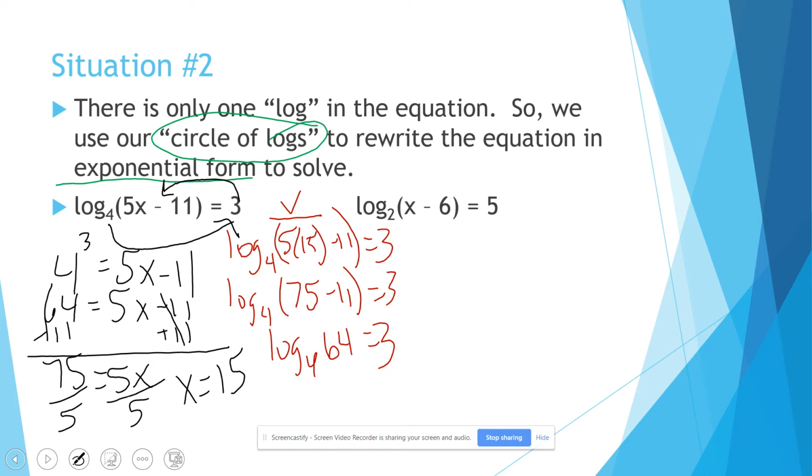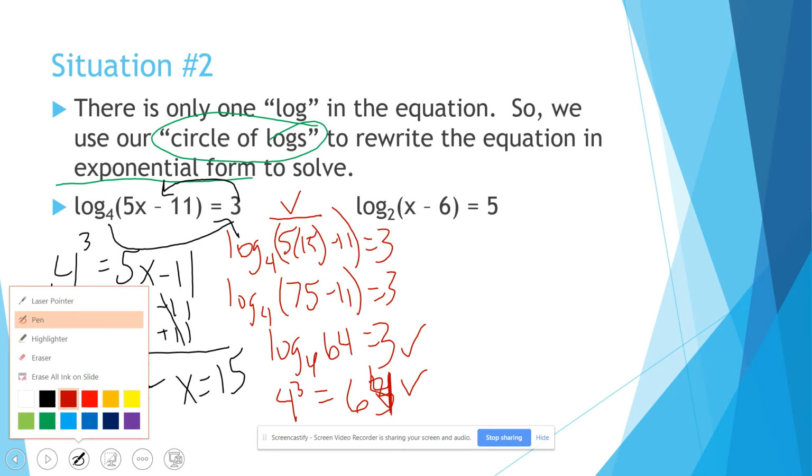And if I either do change of base formula for log base 4 of 64 to see if it equals 3, or if I rewrite it as 4 to the third power equals 64 and see if that's true, either way, we're good to go there.